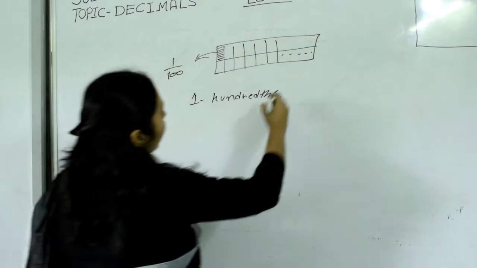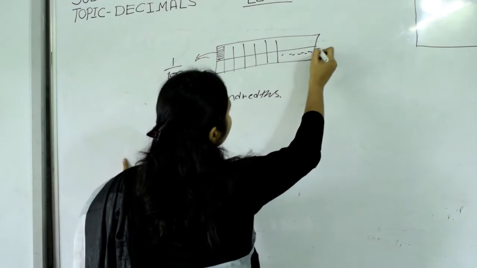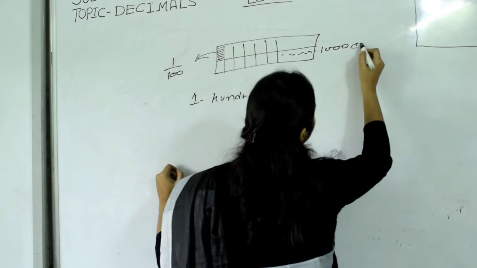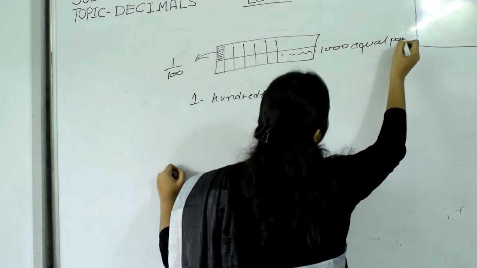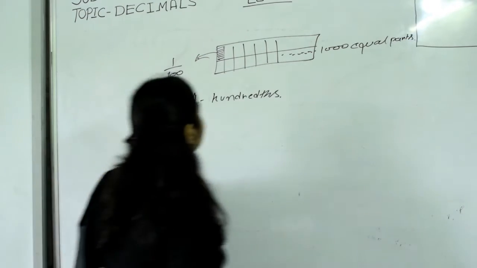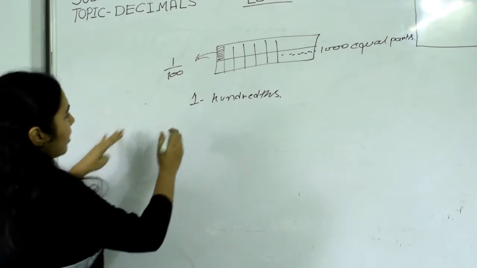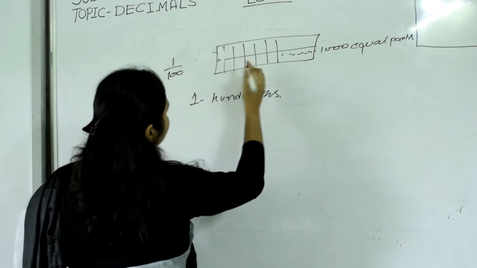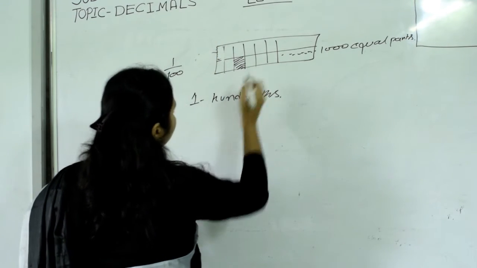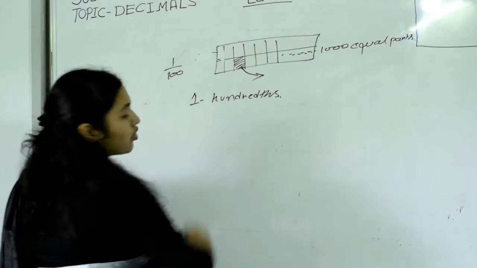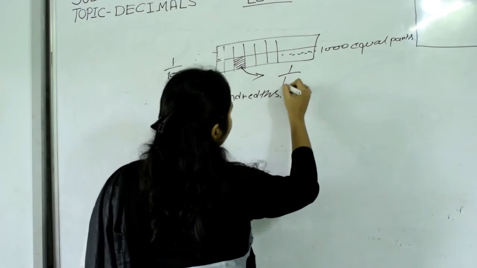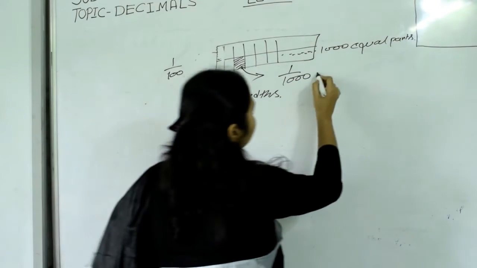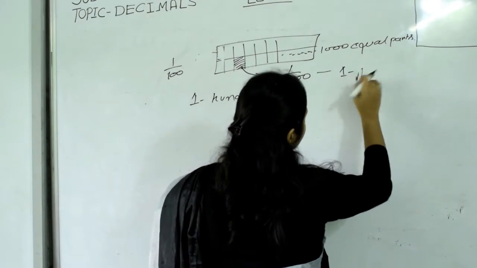Same if we divide this chocolate up to 1000 equal parts, then each part, suppose this one part, we can denote as 1 by 1000, and we call it one thousandth.